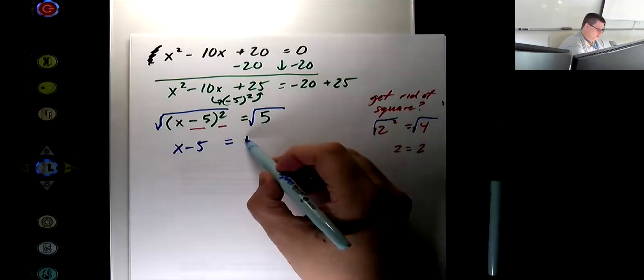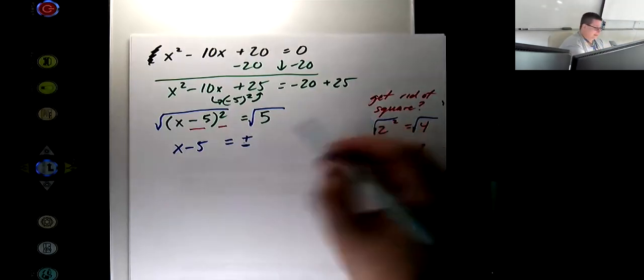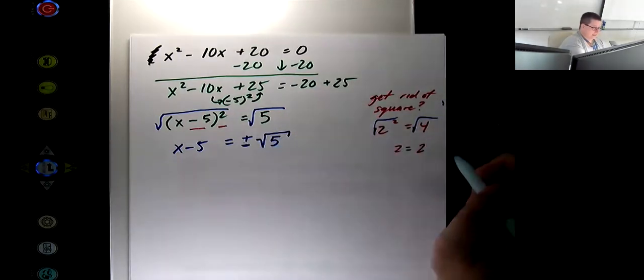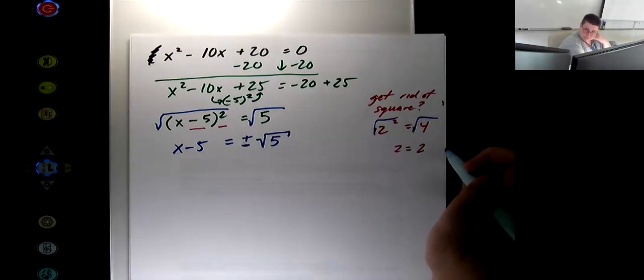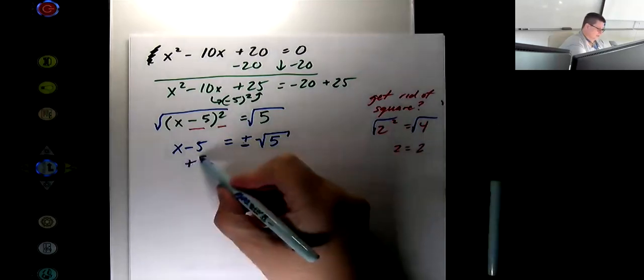And if you don't know the square root of the number, you're best off just leaving it as it is for now. Make sure you have a plus or minus. And we add 5 to get rid of the negative. Yes, we do.